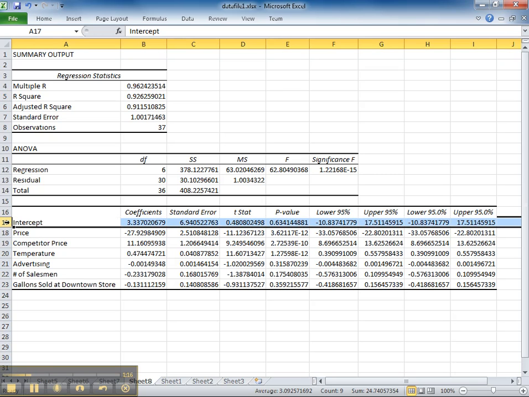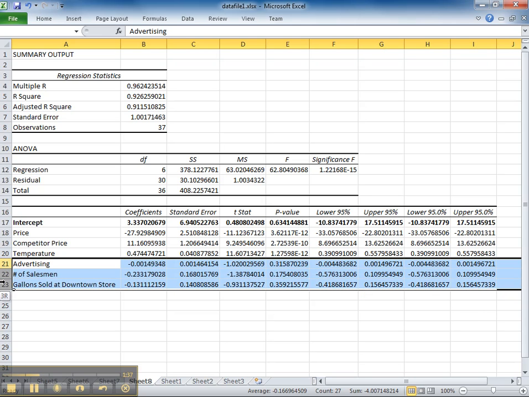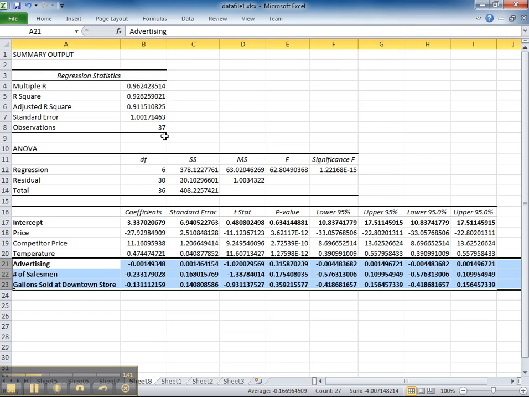In fact, our intercept at 63%, with a p-value of 63%, means that there's a 63% chance that this 3.33 that we're using for the intercept has nothing to do with our final price. The other ones that seem questionable are advertising, number of salesmen, and gallons sold at downtown store. All of those seem to have at least a possibility of being irrelevant to our eventual price.